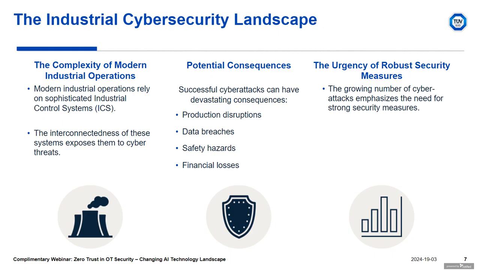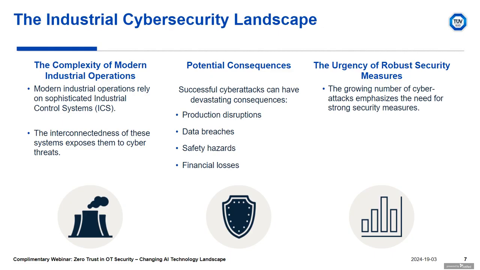Financial aspects are also there: the combined impact of these consequences can financially cripple an organization through regulatory fines or the cost of rebuilding. Rebuilding trust is also part of these consequences.